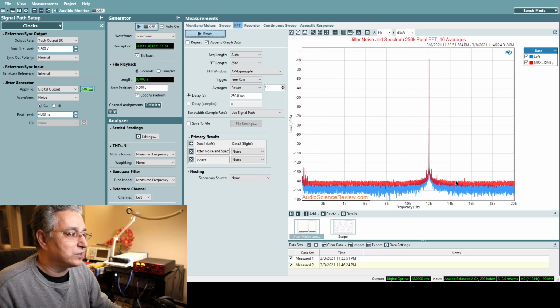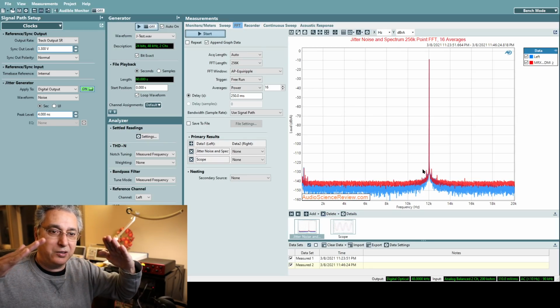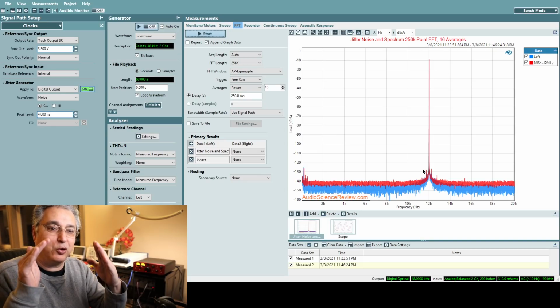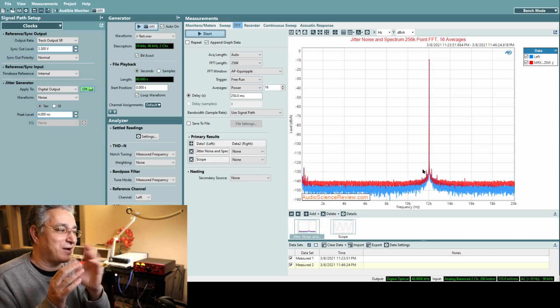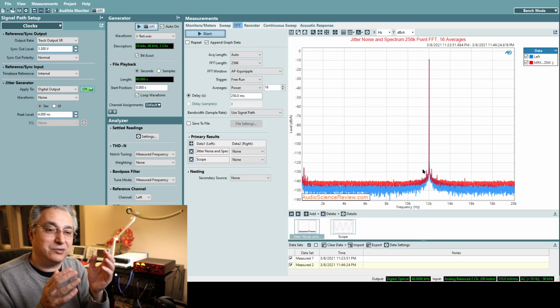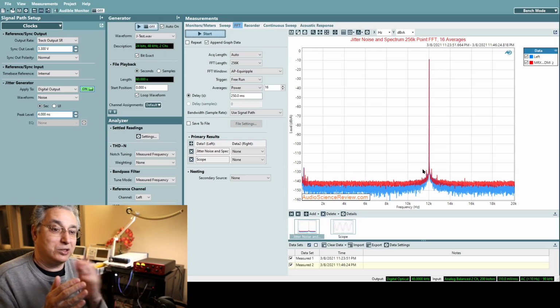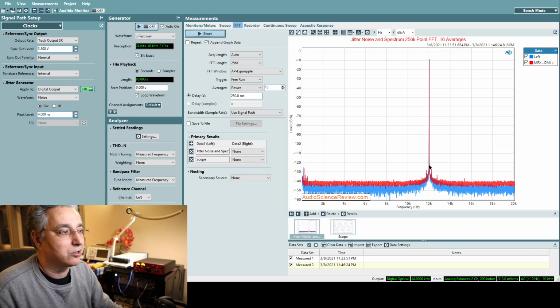So random noise tends to be more benign. And sometimes the noise is not broadband like this, and you'll see it here where the bottom of this, I call it the skirt, widens. I call that random low frequency noise. That means it's random, but it's not quickly changing, it's slowly randomizing the clock.